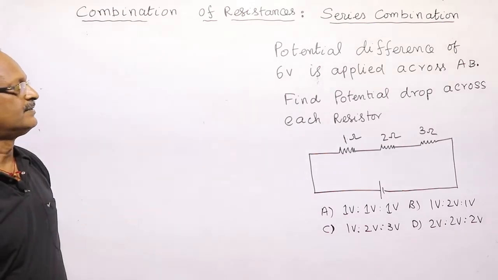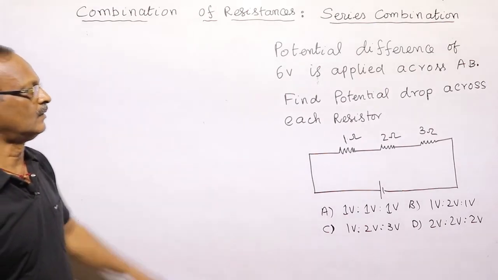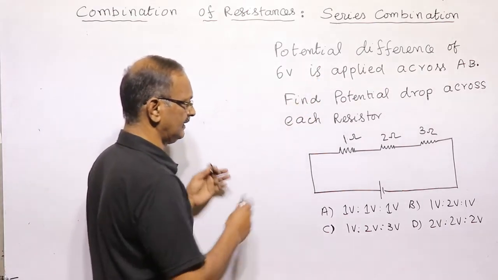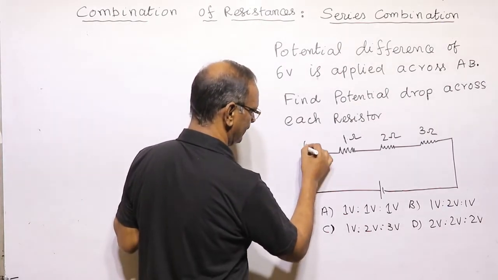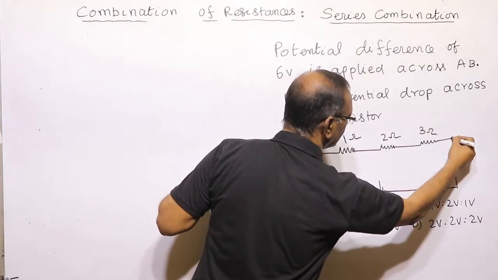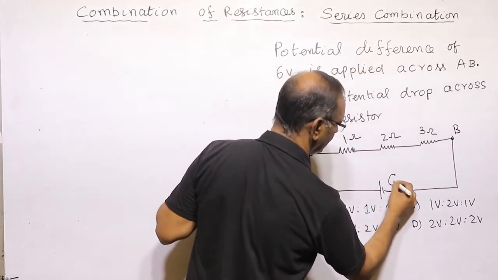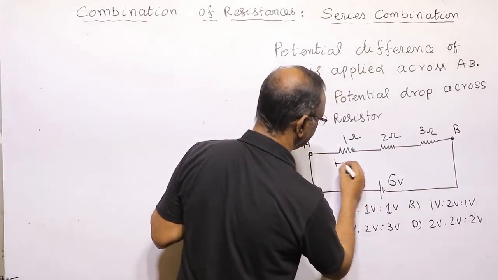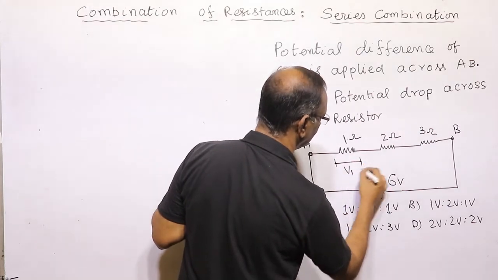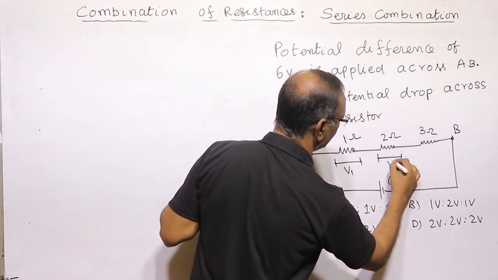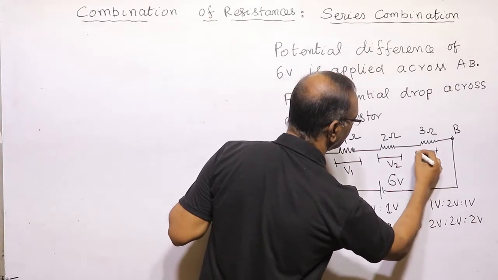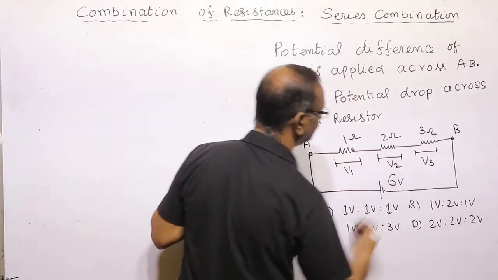A potential difference of 6 volt is applied across AB. So this is point A, this is point B, and 6 volt is applied across AB. It means that the 6 volt is divided as V1, V2 and V3.